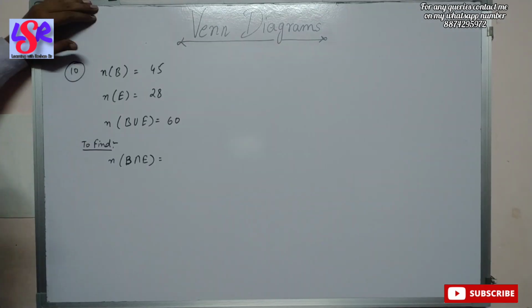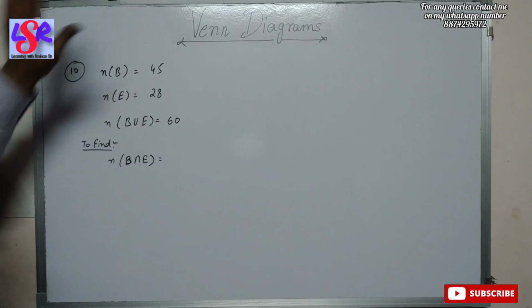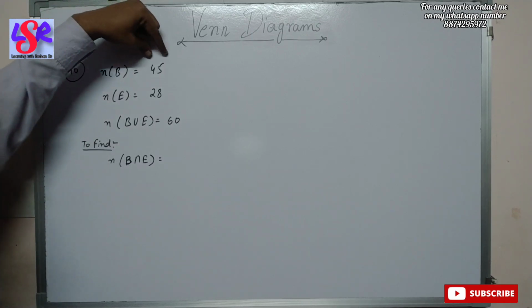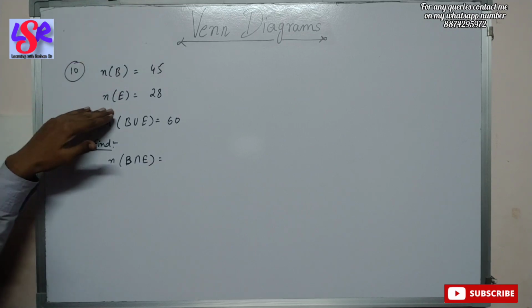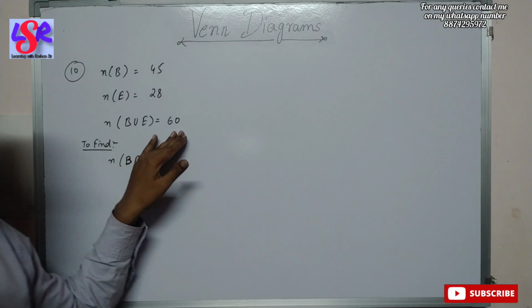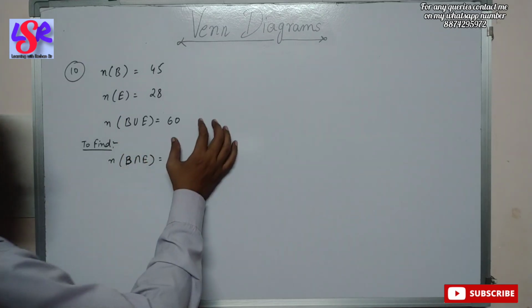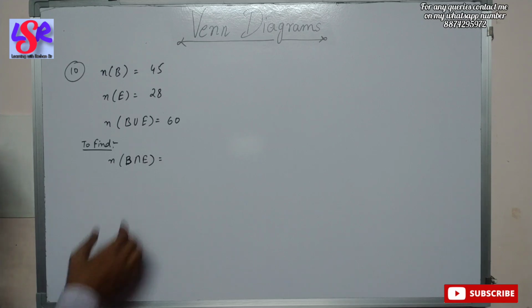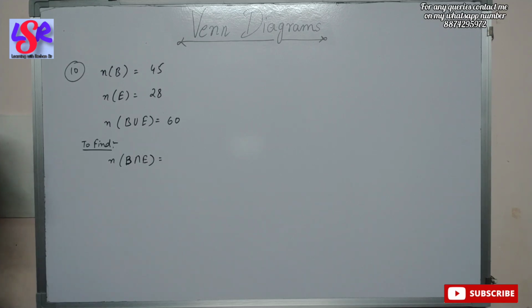Now here we have this one as the information given in the question, in which the number of students who can speak Bengali equals to 45. Then the number of people who are able to speak English is 28. Then the people who are able to speak at least one of the languages is 60. Also 60 is the total number of people surveyed in this question. Now we have to find B intersection E, that is the number of people who are able to speak both of the languages.